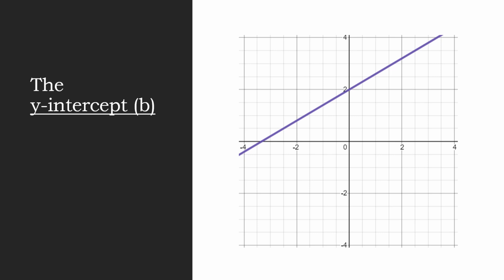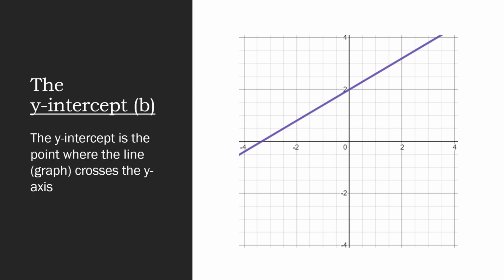Next thing we need to talk about is the y-intercept. We call that the letter B. The y-intercept is just the point where your line, or the graph, crosses the y-axis. Remember, your y-axis is going up and down. So in this case for us, we can see that we have a point right there at 2.